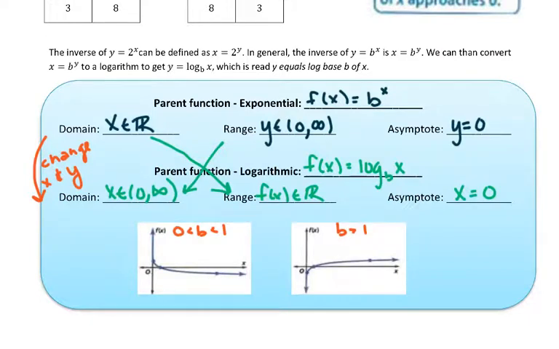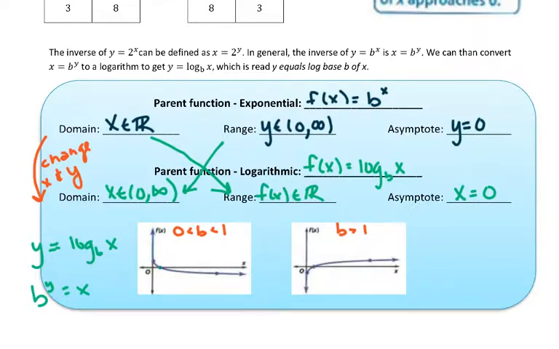Okay, so on this graph, what we are actually graphing is f of x is equal to log base b of x. Let's write this as y because it's going to be a little bit easier when we change it, so y equals log base b of x. Okay, so b to the power of y is equal to x.